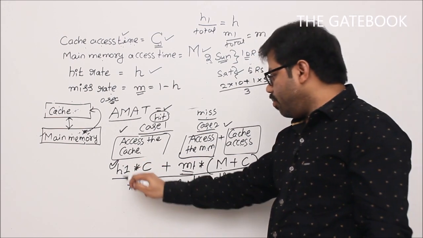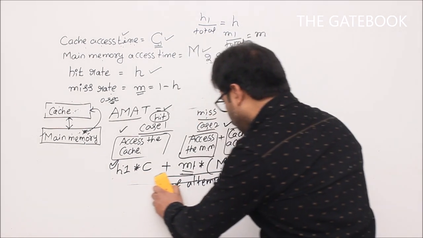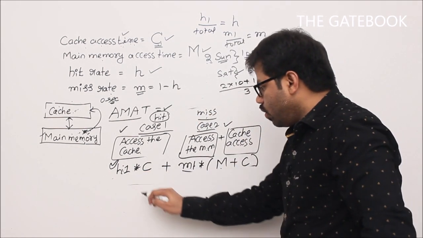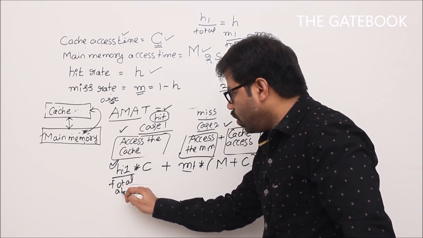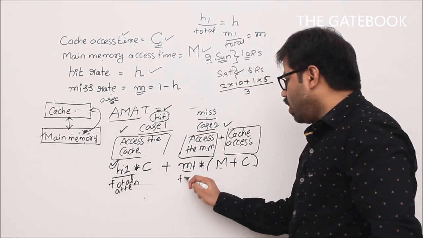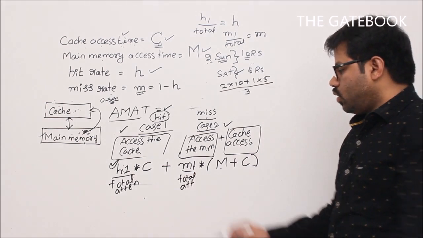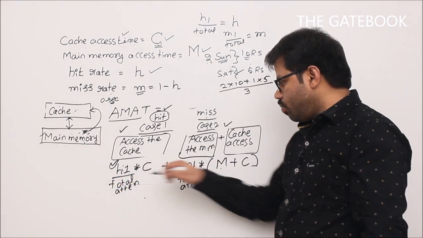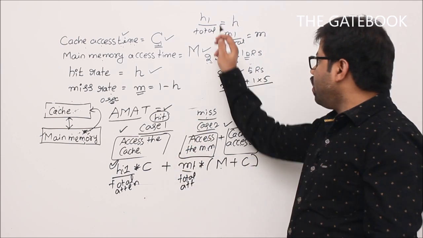So I divide this formula into h1 by total attempts and m1 by total attempts. Simple mathematics, I am separating the 2 components. Now h1 by total attempts is nothing but H.